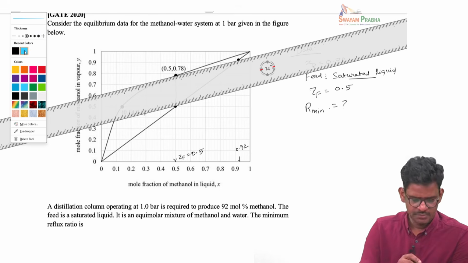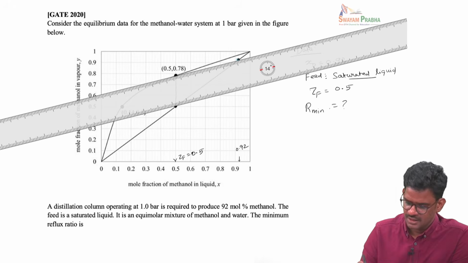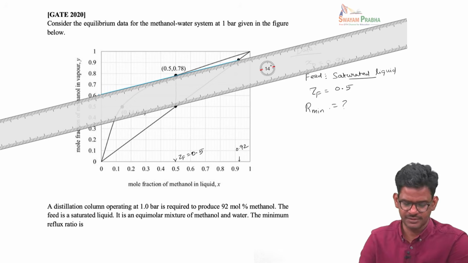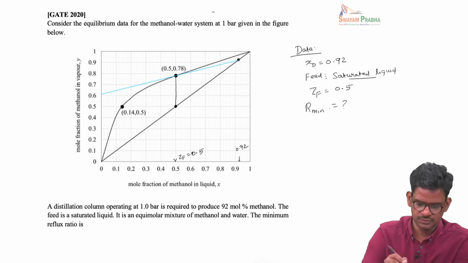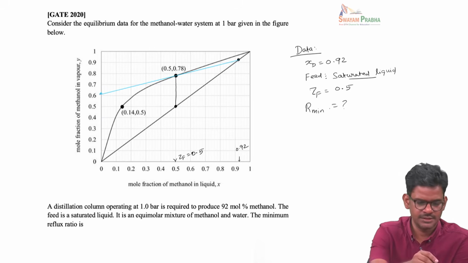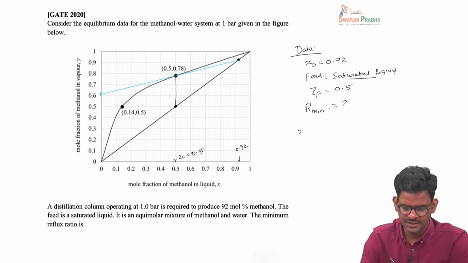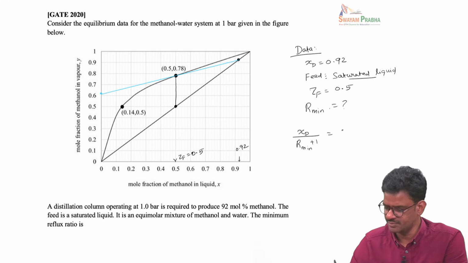To obtain the minimum reflux ratio, starting from XD, we extend the line such that it touches the intersecting point between the Q line and the equilibrium line, and then find the corresponding intercept. We know that this intercept that we see here is nothing but XD by R minimum plus 1, and we read this value to be something close to 0.61.